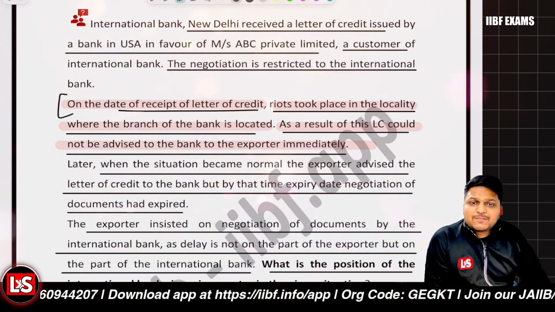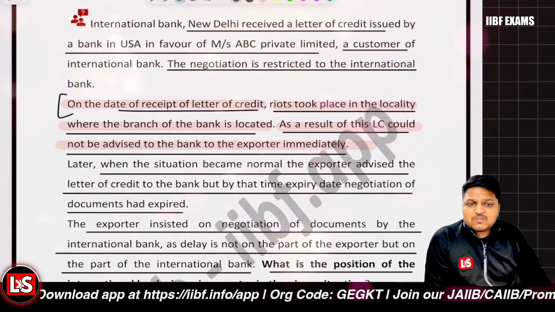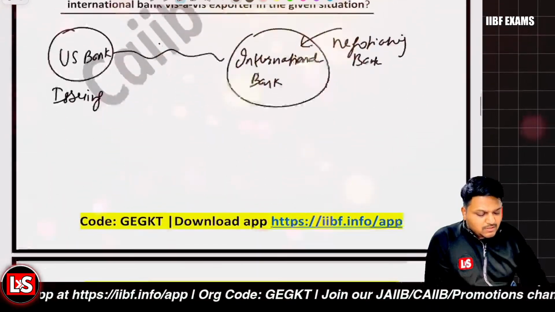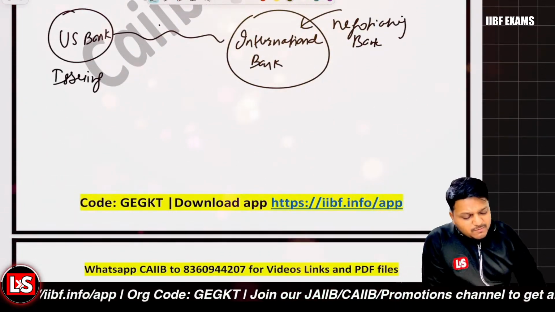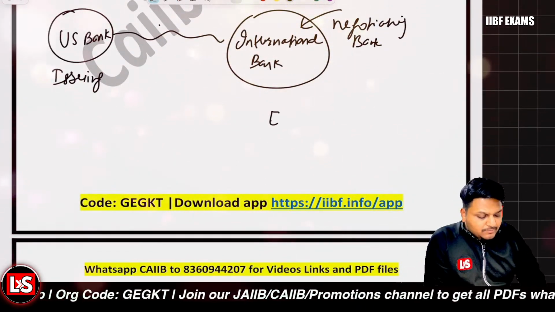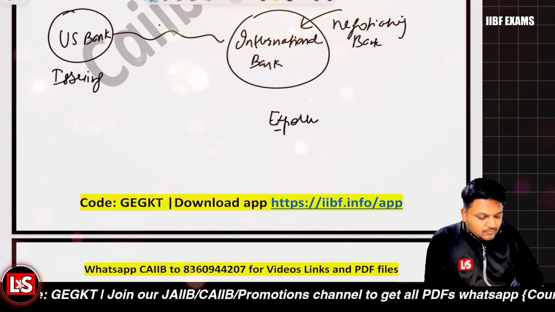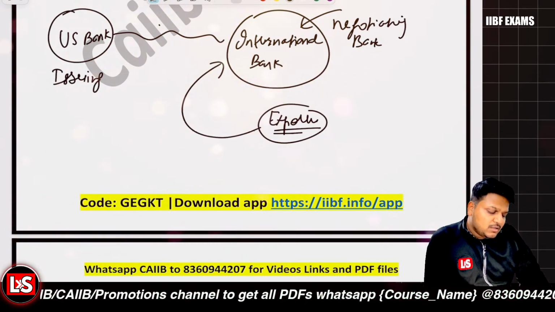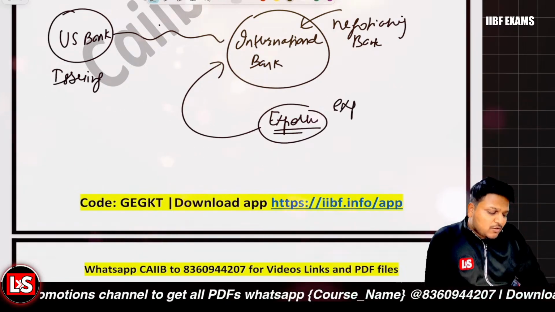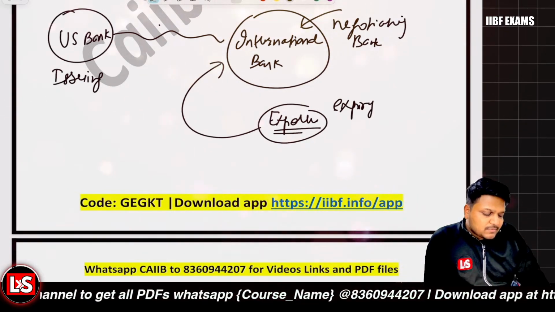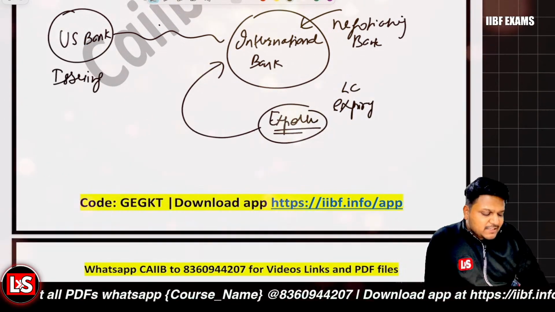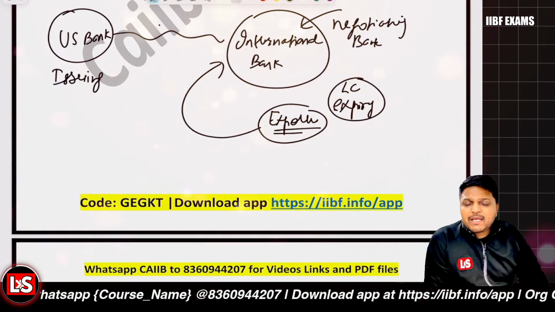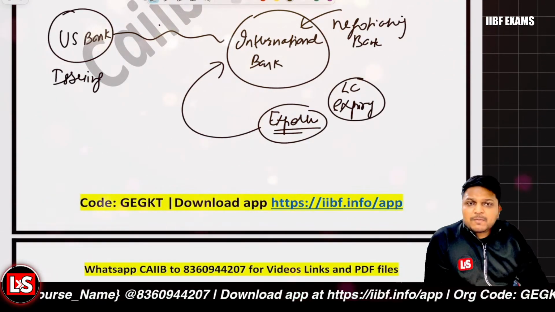And by the time the exporter presented the documents, the LC expiry date had already passed. The documents were presented to the International Bank, and now the expiry has already passed. Now, in how many days is the letter of credit to be presented?